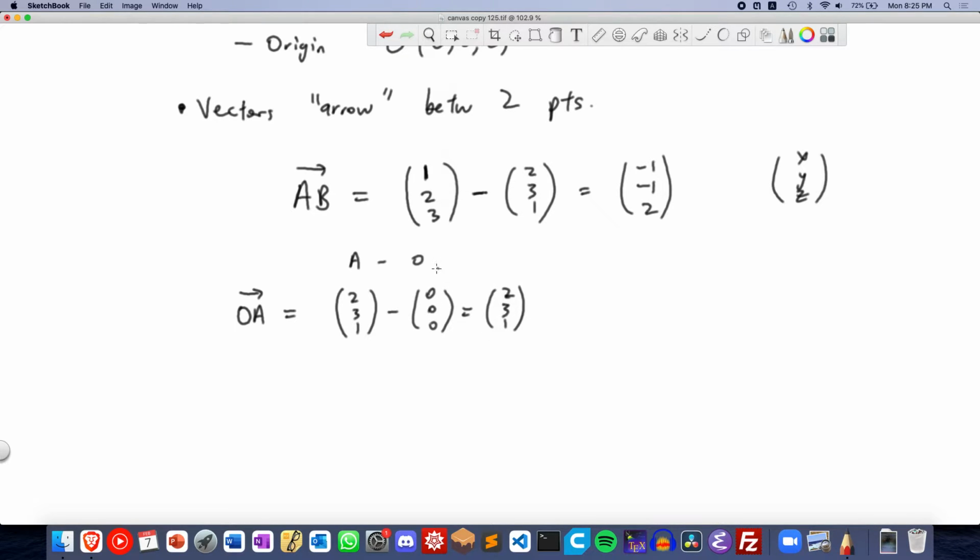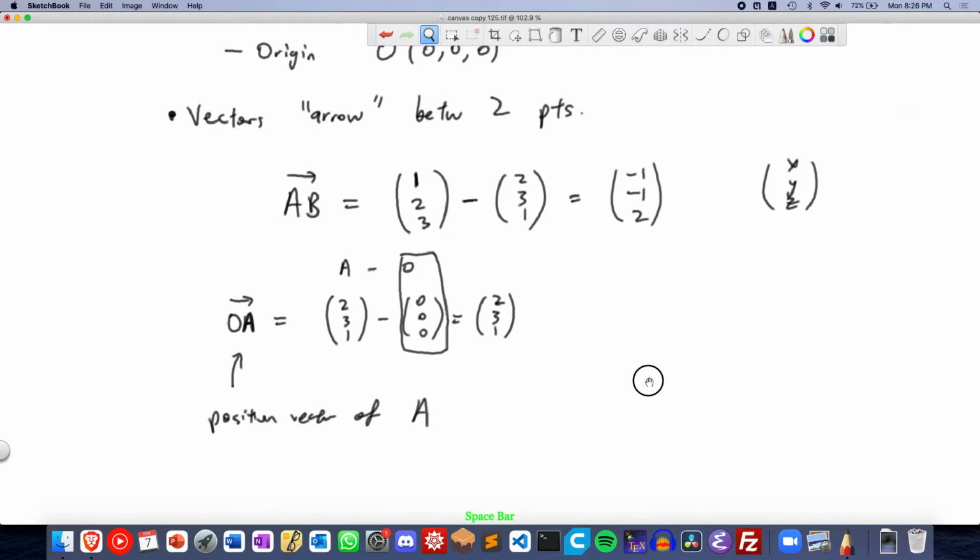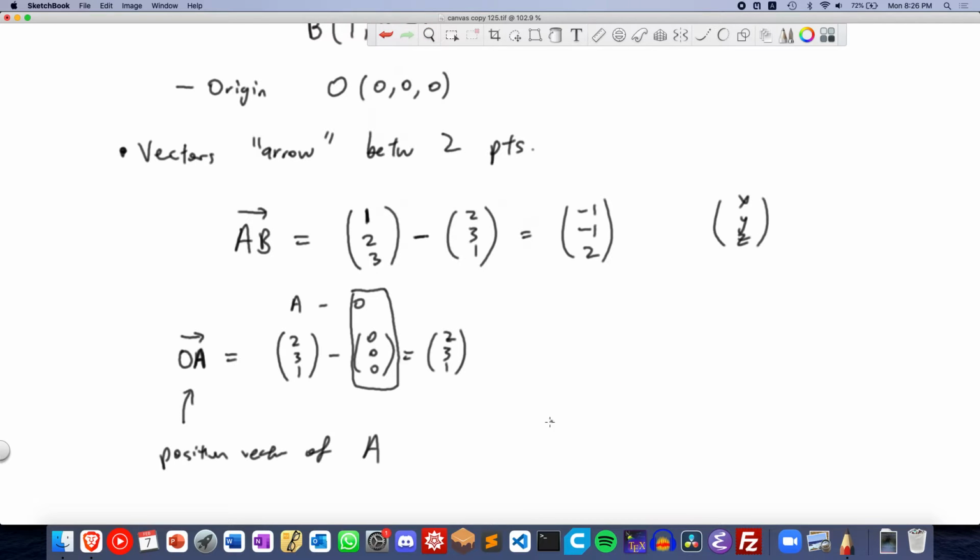By virtue of the fact that the origin is defined to be the coordinate 0, 0, 0, the vector from the origin to any point we choose will be just the coordinates of that point. So this is sometimes known as the position vector. So this is the position vector of A.